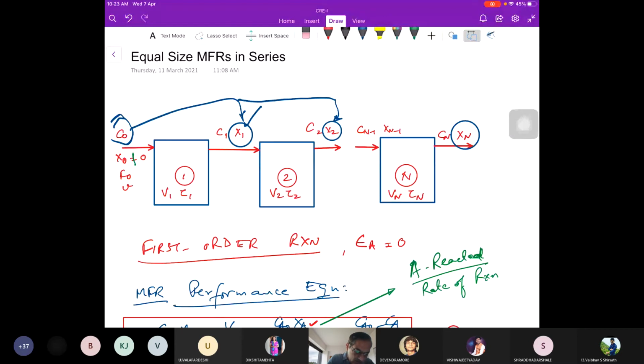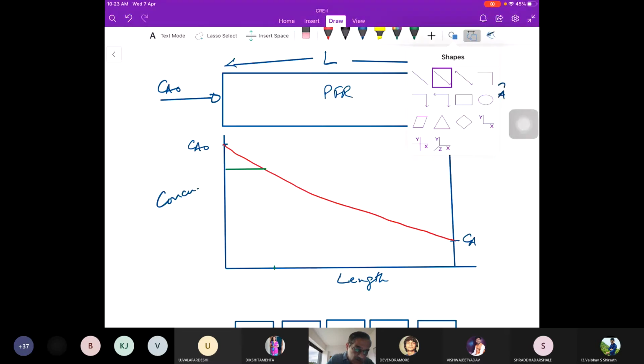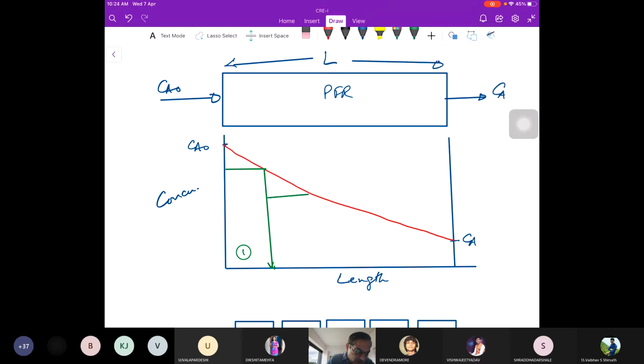So this is the first MFR. Okay, what will happen in the second MFR? Again, it will drop to some other level. In the third MFR again, it will drop to some other level.